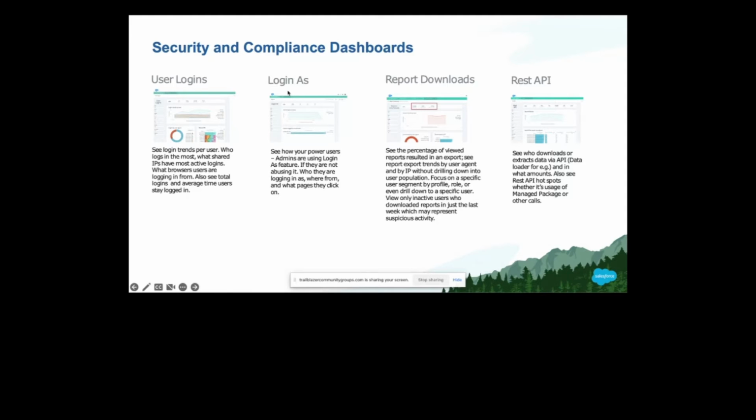The login-as dashboard shows what Prashant has done, because he knows my users and has admin access where he can log in as my user. If he has done some unwanted stuff, ideally it is also captured by the system. We know who is the person logging in on behalf of you, what work you have done, what kind of pages you have viewed, what kind of clicks you have done, everything.